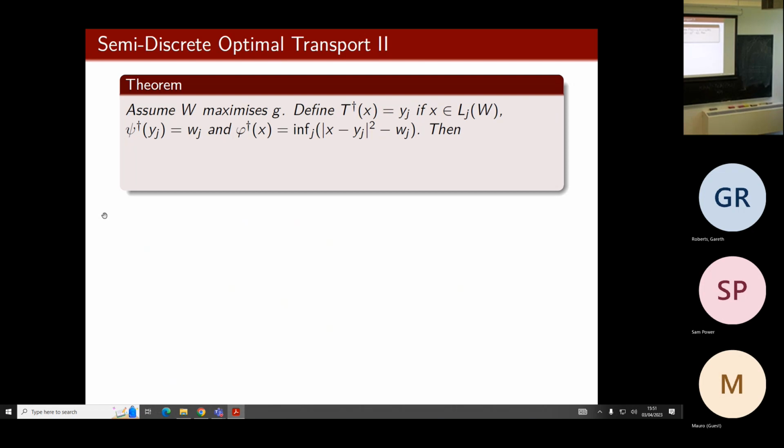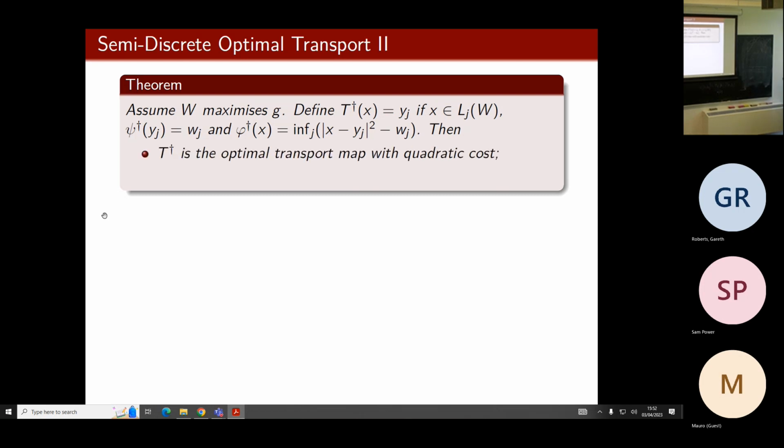And if x is in the jth part of the Laguerre diagram, then I define my psi dagger of yj as being equal to the jth weight, and I take my phi dagger as being the distance to the closest center, squared, minus the weight.